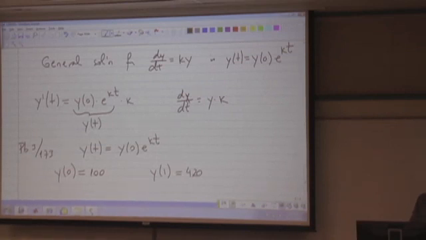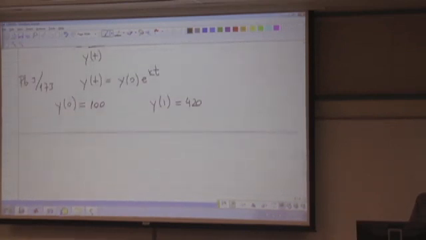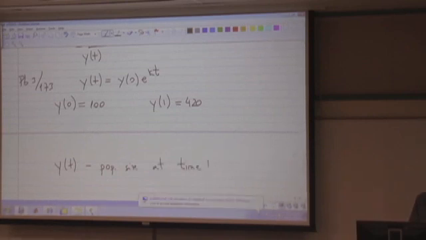Maybe I should have written this all along: y of t is the population size at time t. So if you talk about initial population, you're talking about t equals 0, because that's when your time starts.